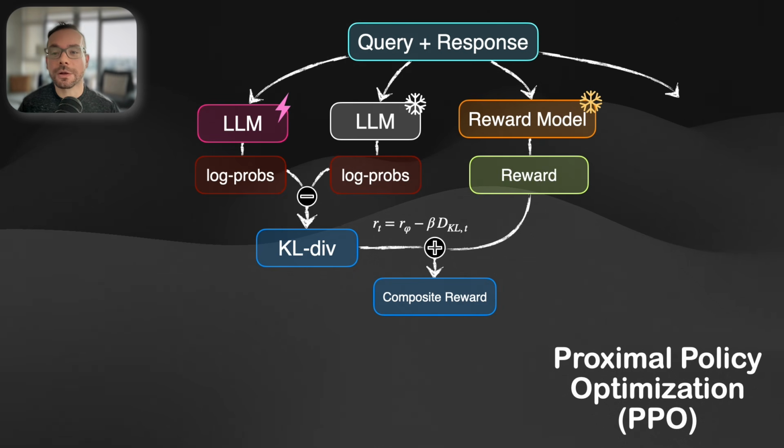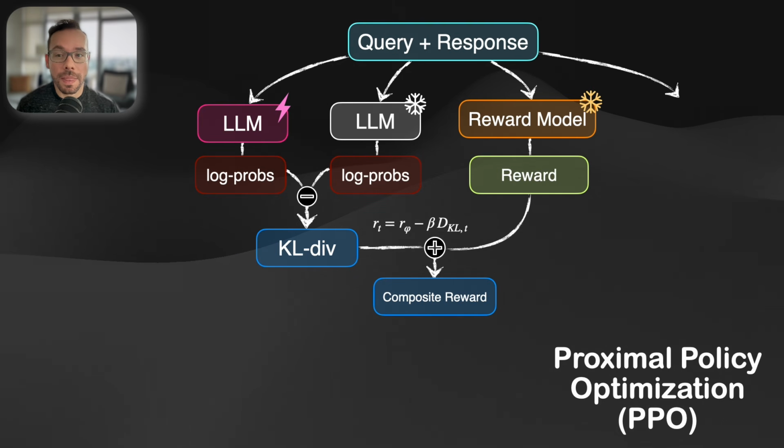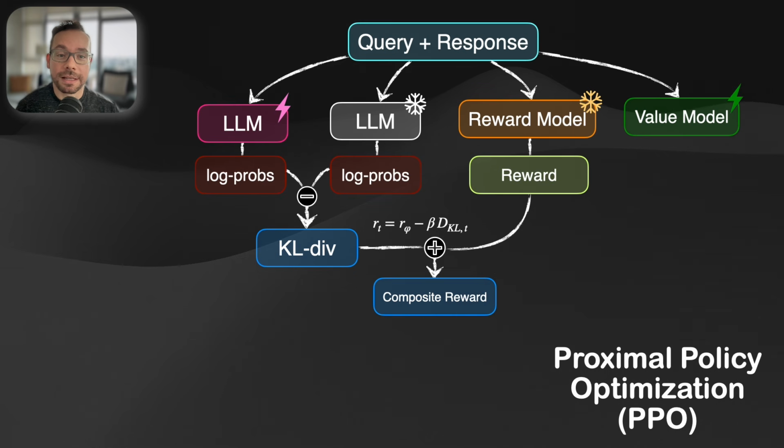But here's the actual challenge. The reward is a single score arriving only at the very end when the sequence is complete. Yet the policy made a decision at every token level. Which token deserves the credit or the blame? And how good or bad is that score? This is where our value model comes in as the critic.